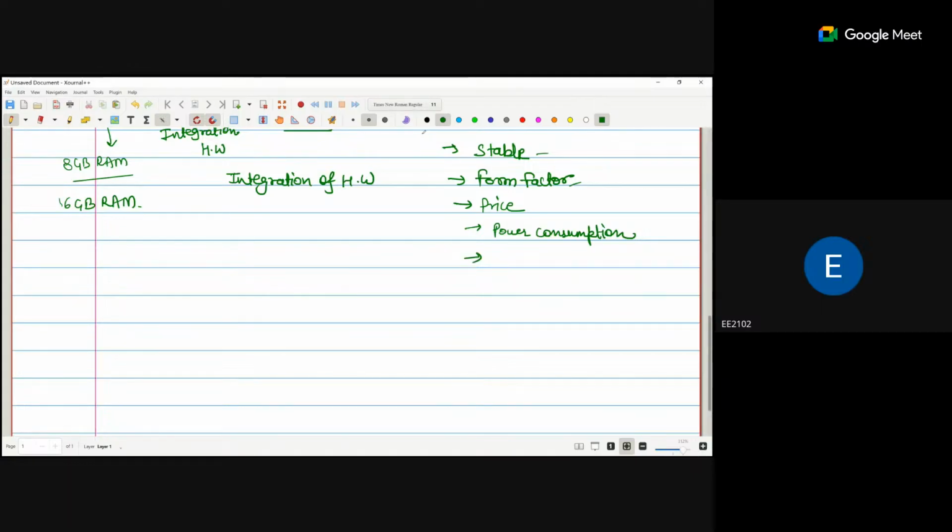Okay, form factor, price, power consumption. These are the main parameters that affect the performance of any chip. Okay. So how do we define the stability?